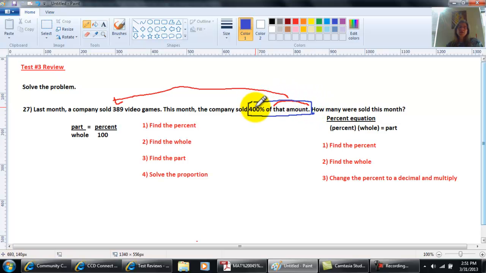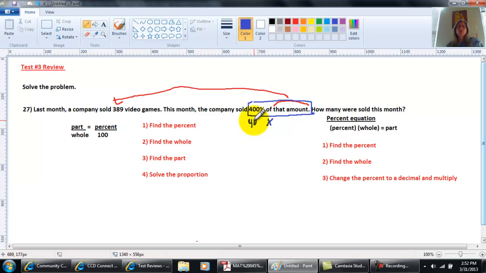So you've got a number, 400%, and this "of" means multiply. So it's telling you right there in that sentence, all you have to do is multiply 400% times that amount, which is 389. And if you didn't know anything else, that's what you would do.